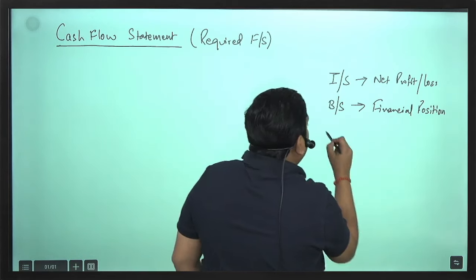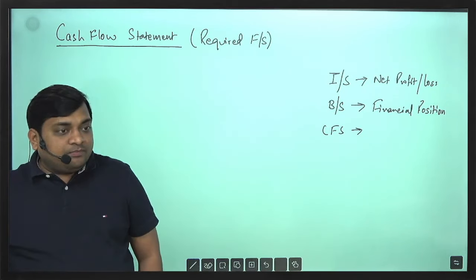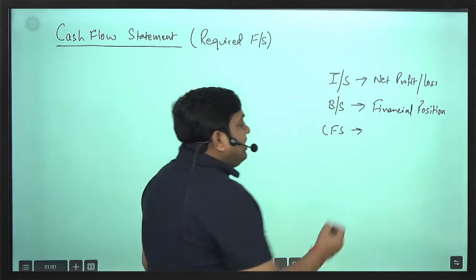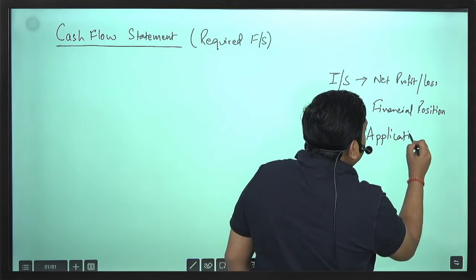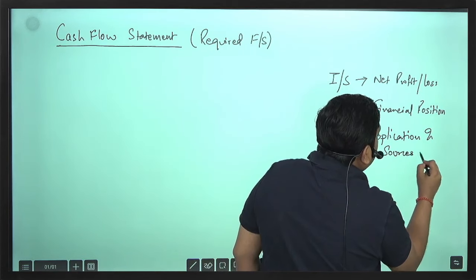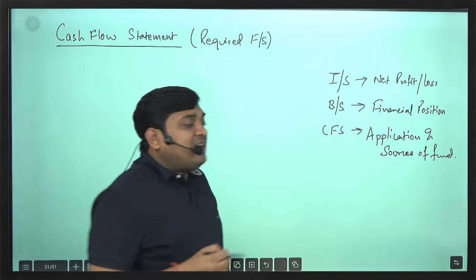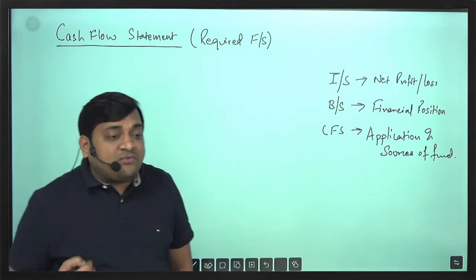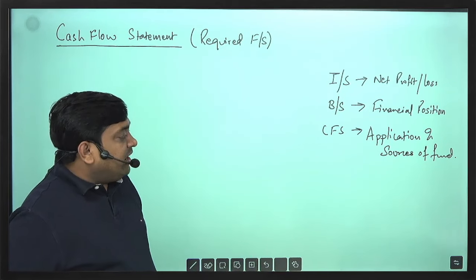Now, when I talk about the cash flow statement, what do I mean by it? Basically here we will be identifying the application and sources of funds. From where we have got the funds and where we have actually applied them, right?